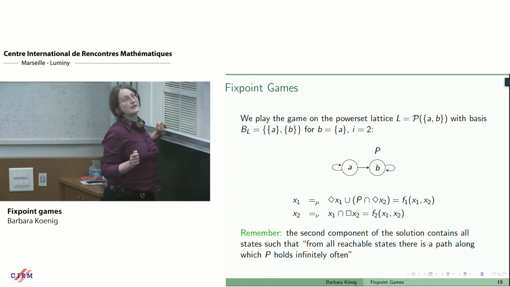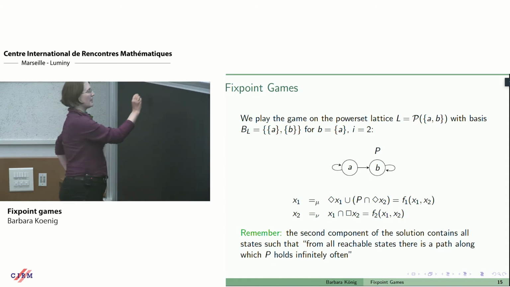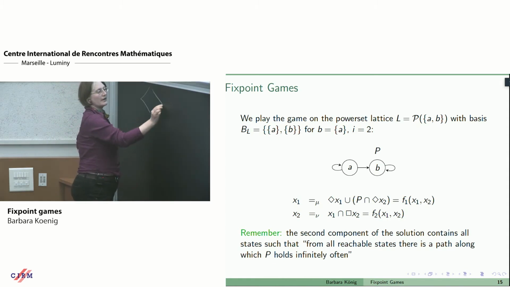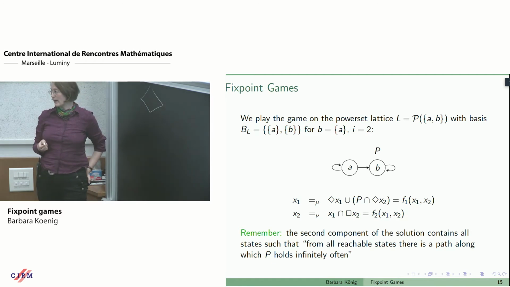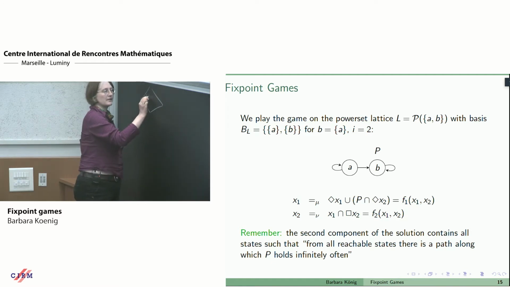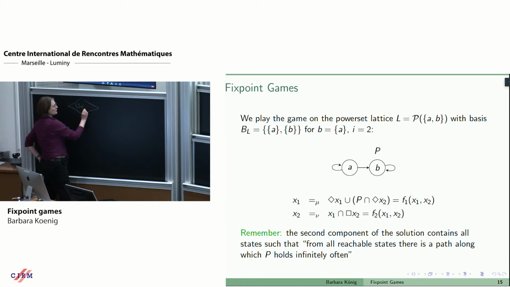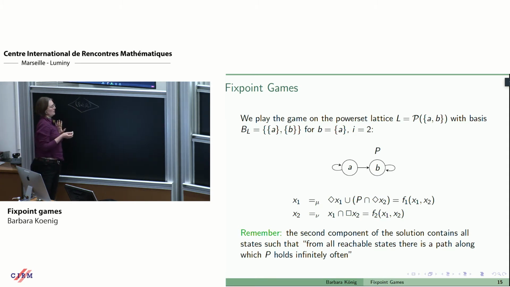So I can draw this as a parity game, and we start with a state of the existential player, Eve in this case. She wants to show that state A satisfies the property, that is, that the set {A} is below the second component of the solution.